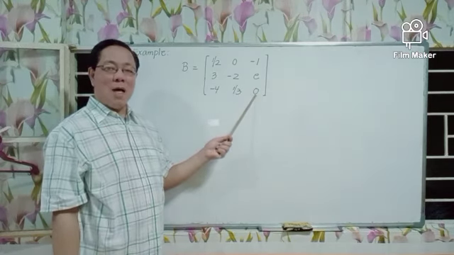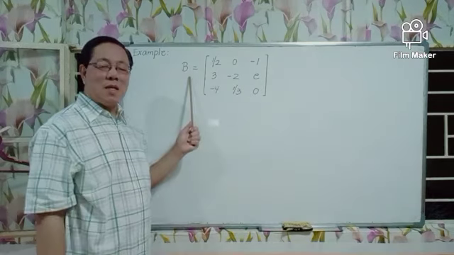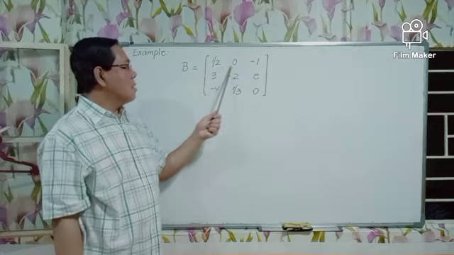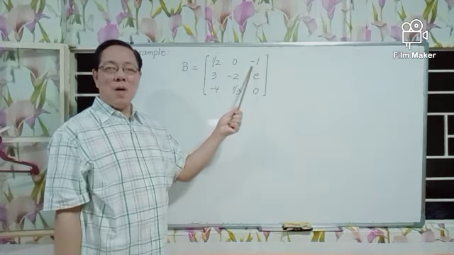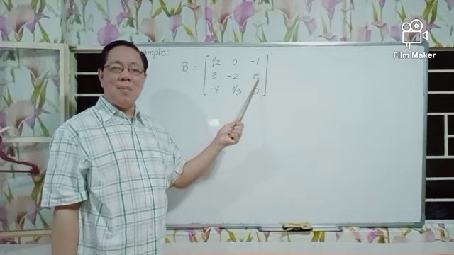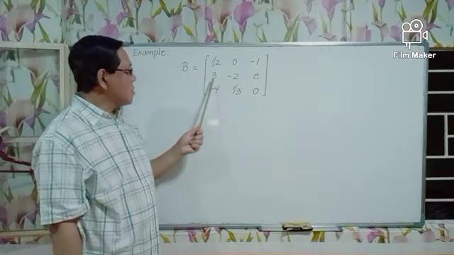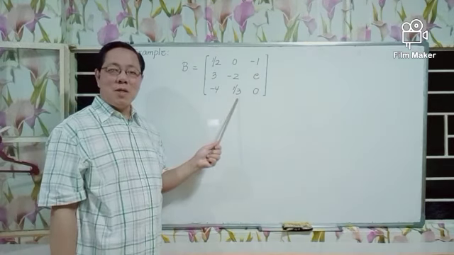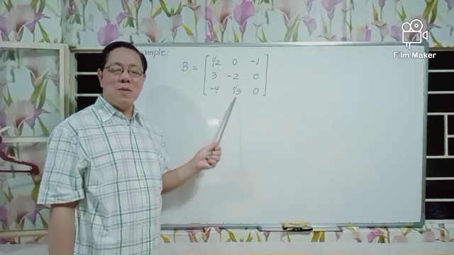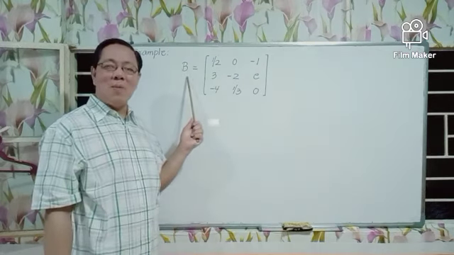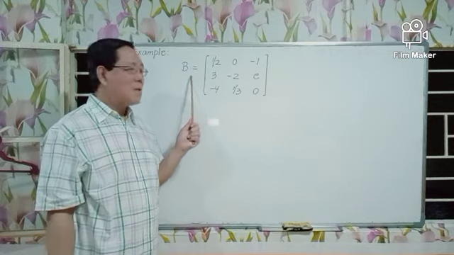The non-diagonal entries are 0, -1, and the irrational real number e. Also 3, -4, and 1/3 are non-diagonal entries of the square matrix B.